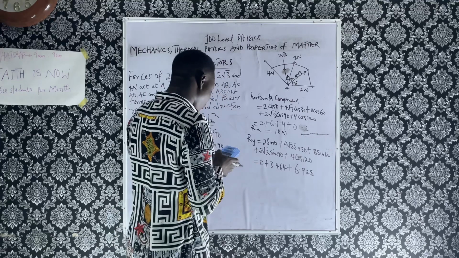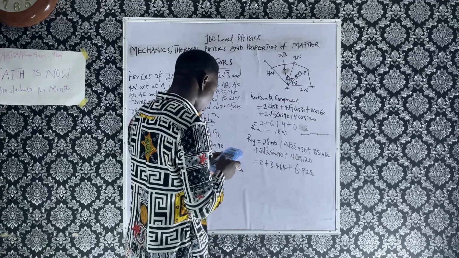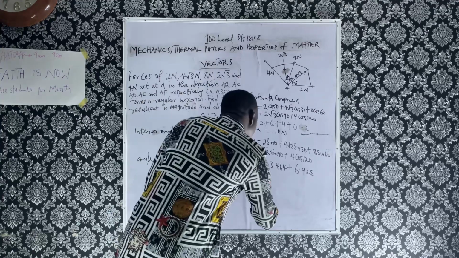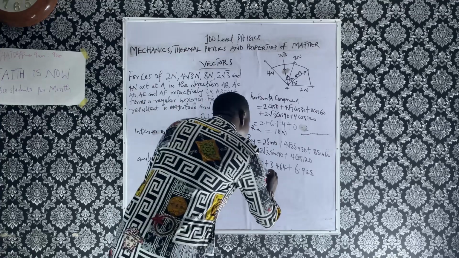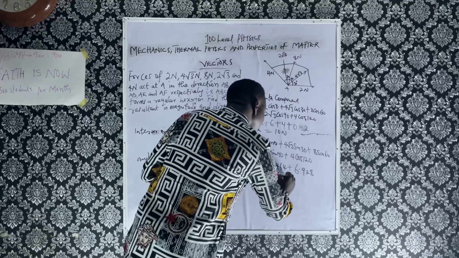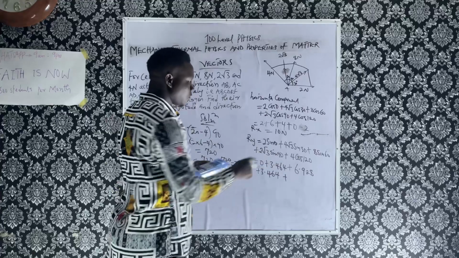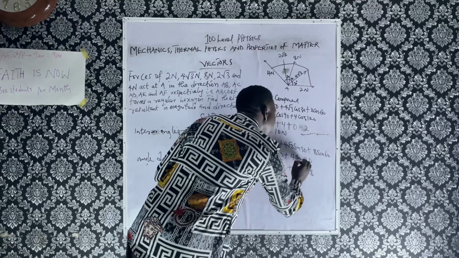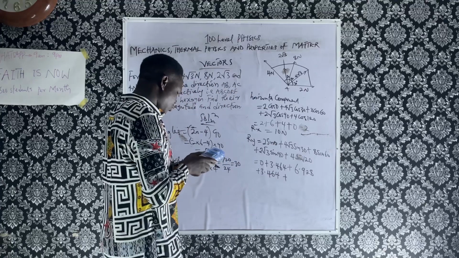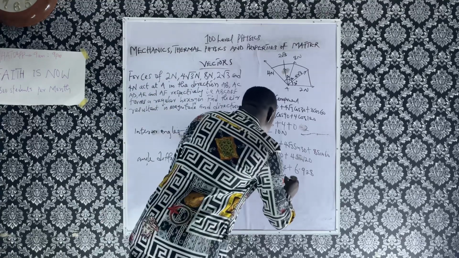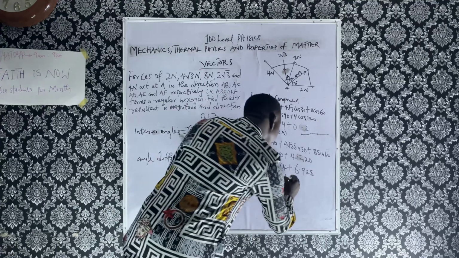Okay, we have 2 root 3 sine 90. Okay, plus 3.464 plus 4. Oh, sorry, it's supposed to be sine 4 sine 120.